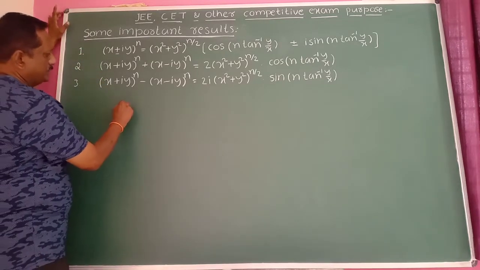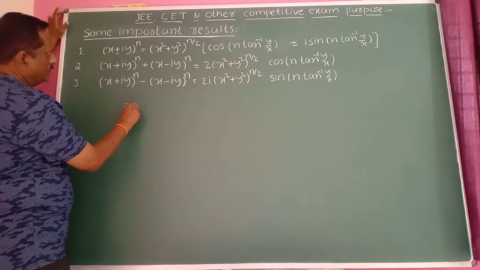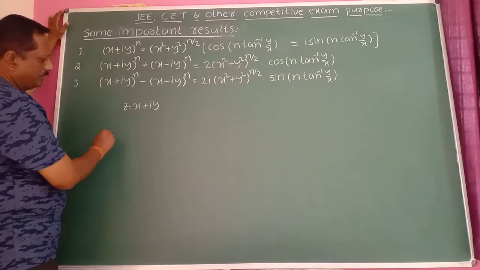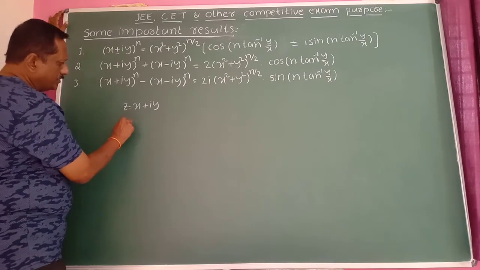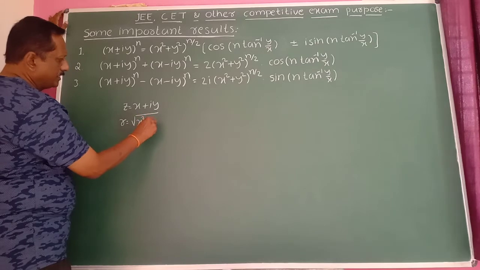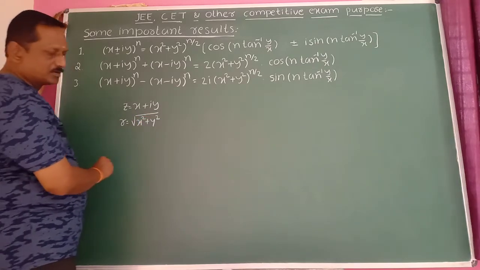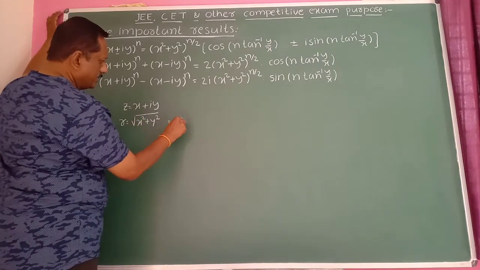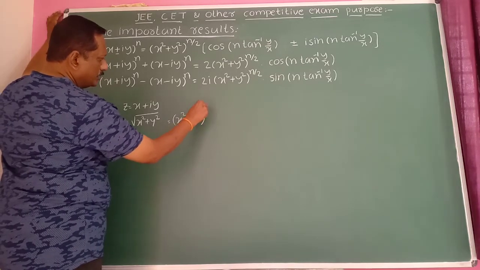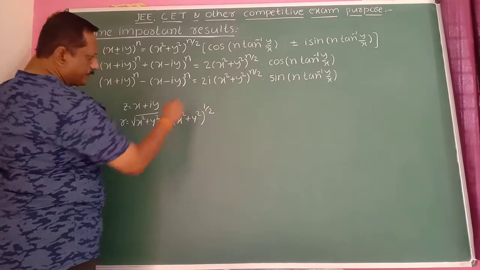Let us consider z is equal to x plus i y. Then you know r is equal to root of x square plus y square, the modulus of the complex number. You can write it like this also, x square plus y square raised to 1 divided by 2.